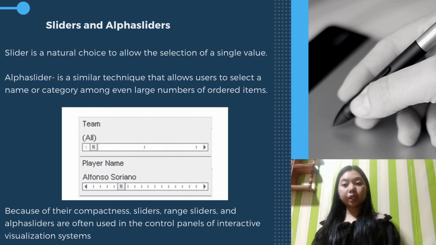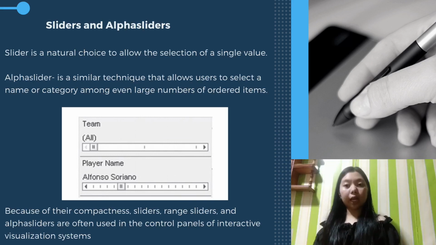When greater precision is needed, the slider thumb can be adjusted incrementally by clicking on arrows located at each end of the slider. A similar technique that allows users to select a name or category among even large numbers of ordered items is an alpha slider.